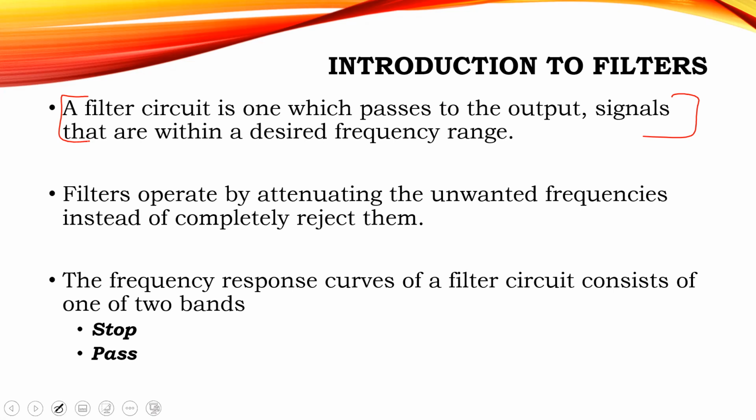So a filter can present us with two pass bands and a single stop band, or you can have a single stop band and a single pass band. And of course, since it can have two pass bands and a single stop band, it means that it can have two stop bands and a single pass band. All right. So the band that we're referring to here is just what is happening over that particular range of frequencies. Are we clear with that?